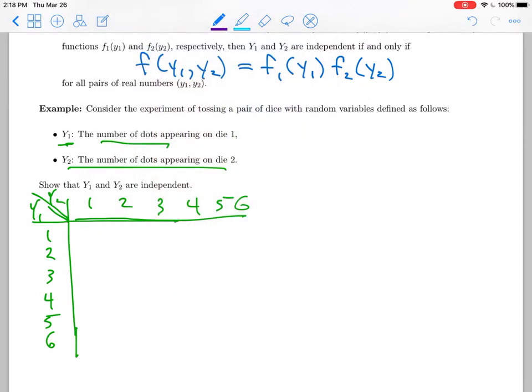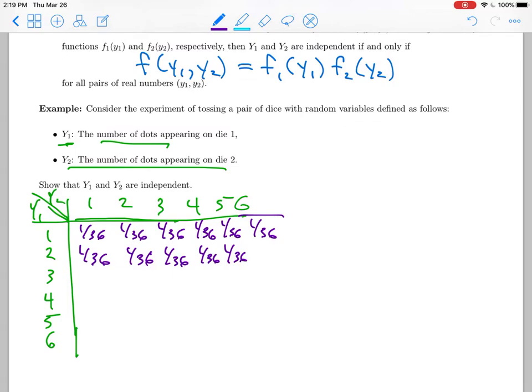The probability that the first one is a 1 and the second one is also a 1 is 1 out of 36. And this will be true all the way throughout this table. Every single one of those values is going to be 1 out of 36.